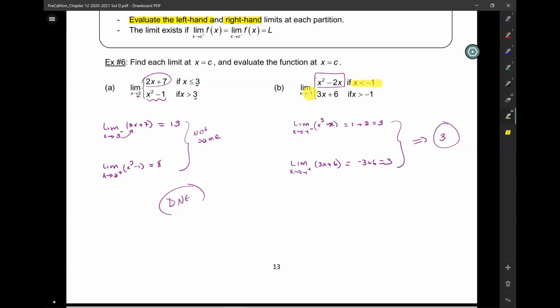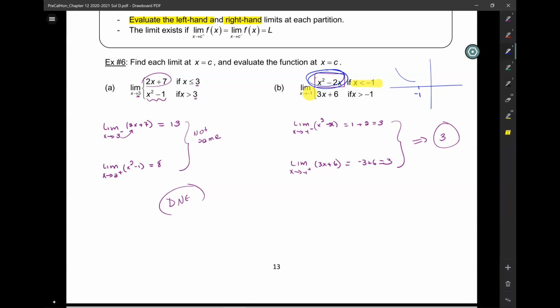At negative 1, you want to look at the function to the left and the function to the right. I get the first one, but for the second one I thought it would be x approaching positive.